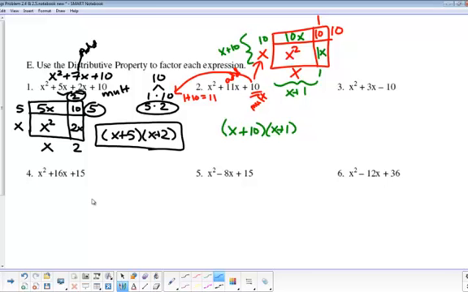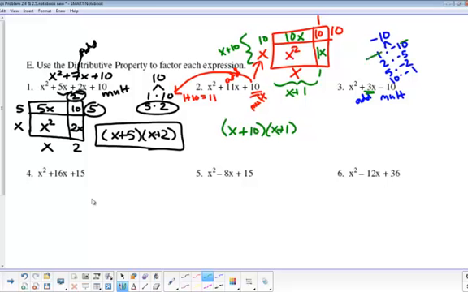All right, this time I have a negative 10. I need two numbers that multiply to give me negative 10 and add to give me positive 3. Well, to multiply to give me a negative, one has to be positive and one has to be negative. So I'm thinking of all of my factors where one's positive and one's negative. If I need to add to get a positive, then the bigger number has to be positive.